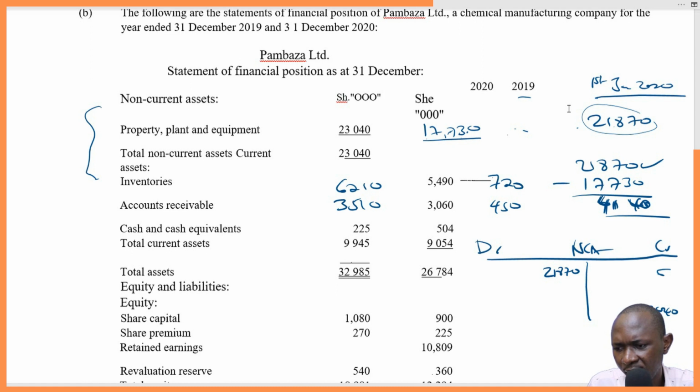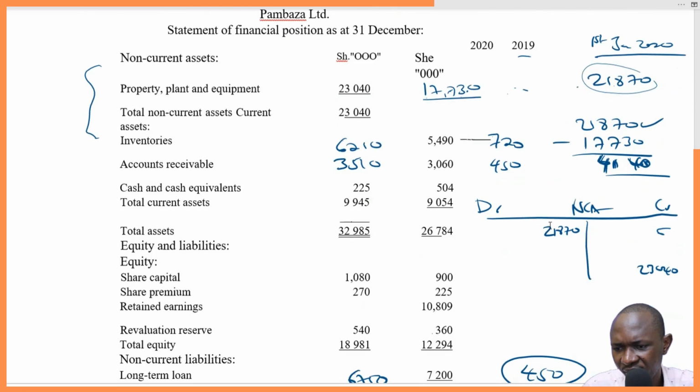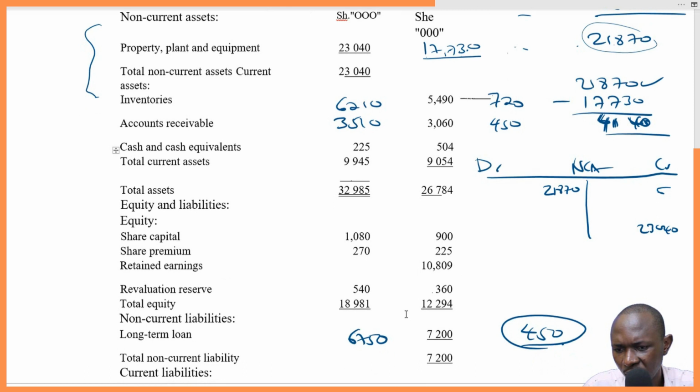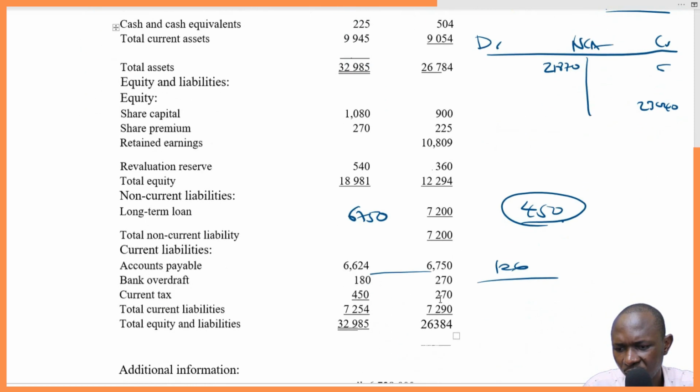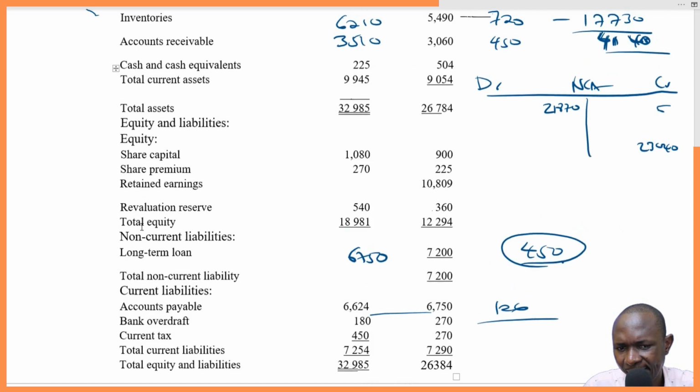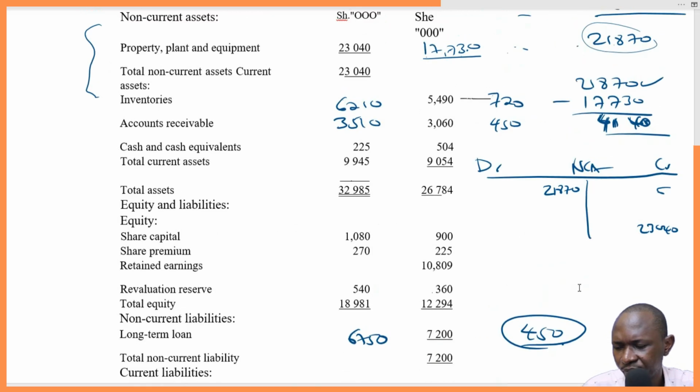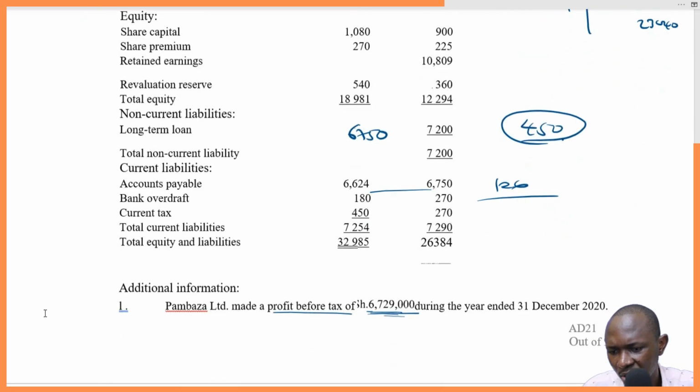And then, of course, let's factor in the revaluation. The revaluations were 360 and 240. Let's also factor in what we sold.